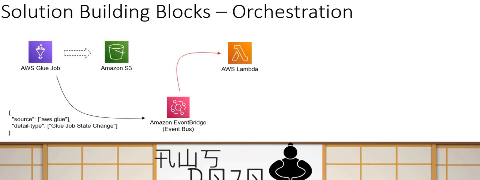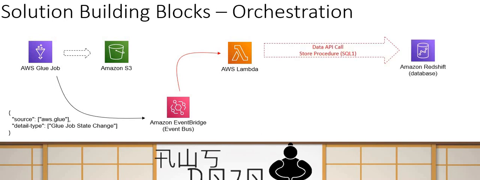At that point, the EventBridge event bus can trigger a Lambda function upon getting to know that my Glue job has finished. What this Lambda function does is simply call the first stored procedure, called SQL1. So it executes the first stored procedure.